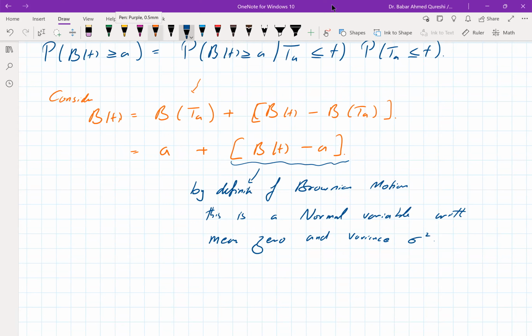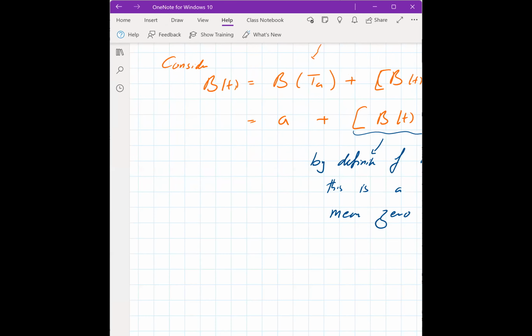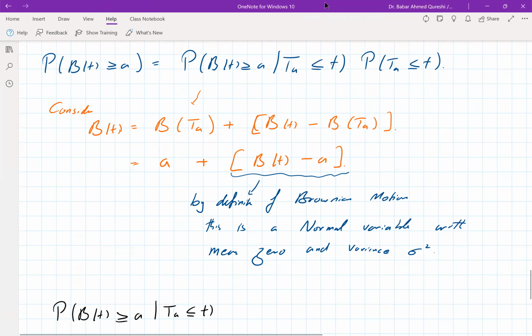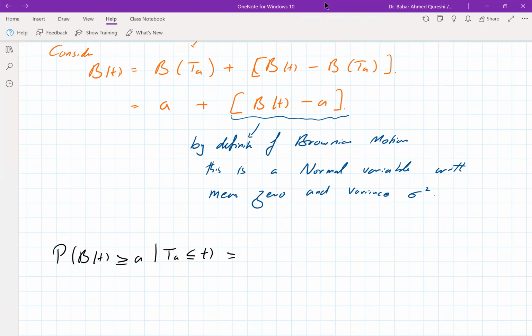It doesn't matter what the variance is. The main point is that this probability which appears over here is equal to this probability.